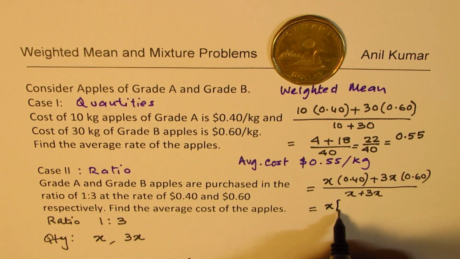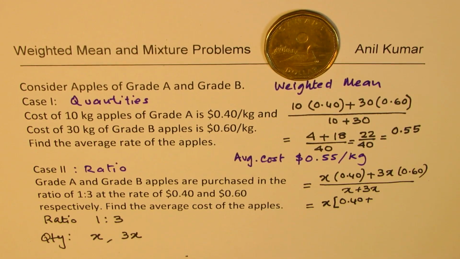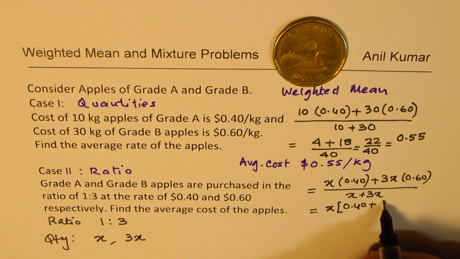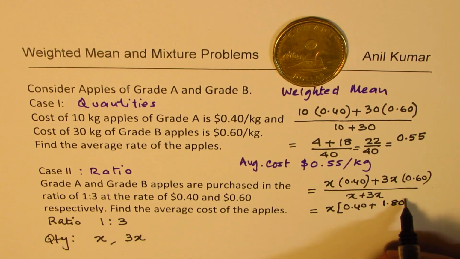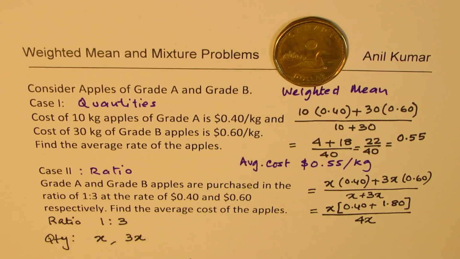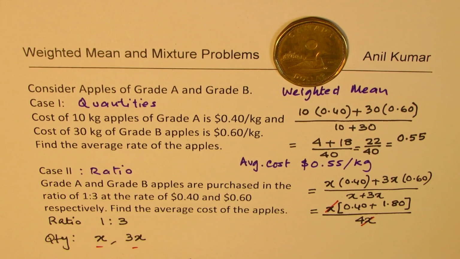I can take the x common. I have 40 cents here plus 3 times 60 cents, which is $1.80, right? 3, 6, 18. And in the denominator, I get 4x. Now I can cancel x and x. So what really happens is that you find that this x, the variable, is gone. We get the same result.